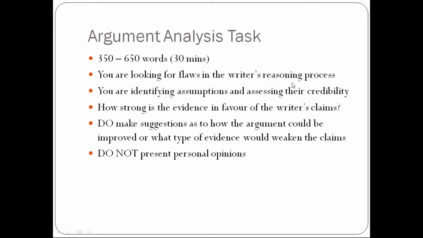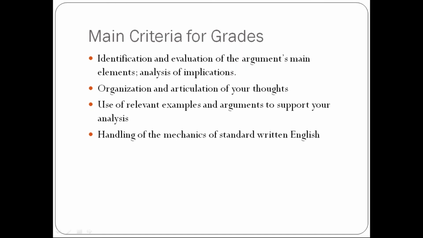Right, so main criteria for grading: identification and evaluation of the argument's main elements, and an analysis of the implications. Organisation and articulation of your thoughts, so clear paragraph structure, good use of structural and transition words, furthermore, in addition, on the other hand, and so on. Clearly articulate your thoughts.